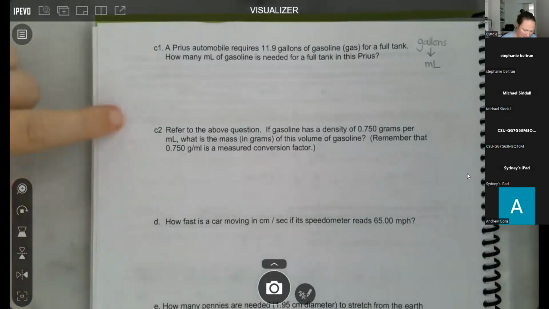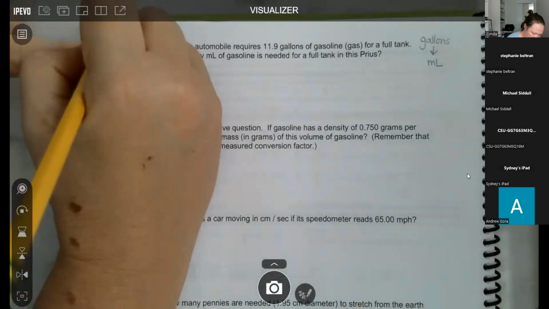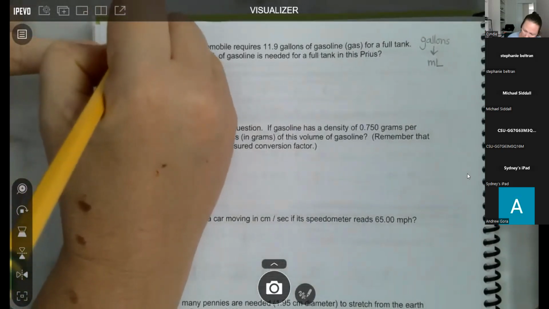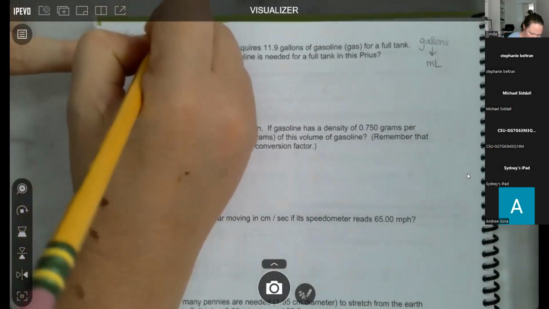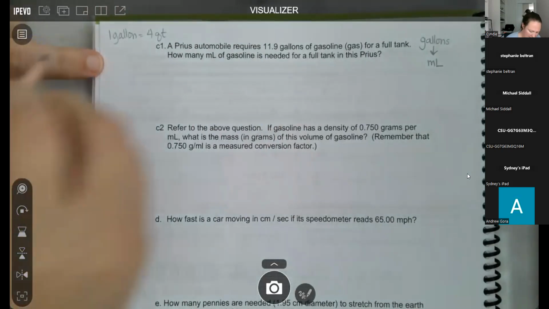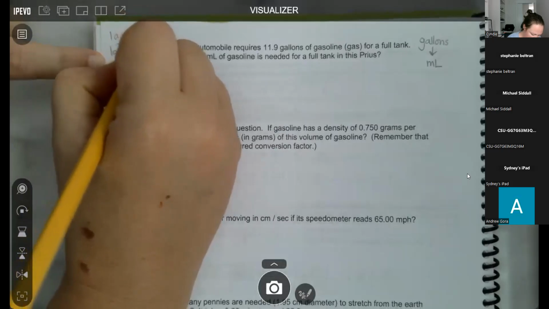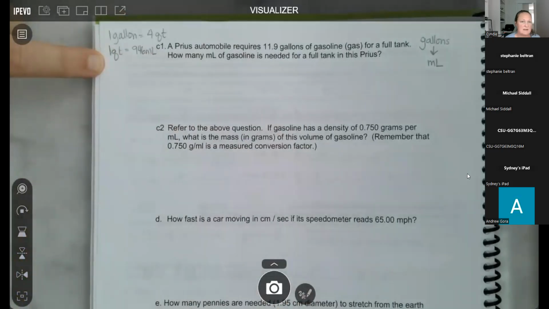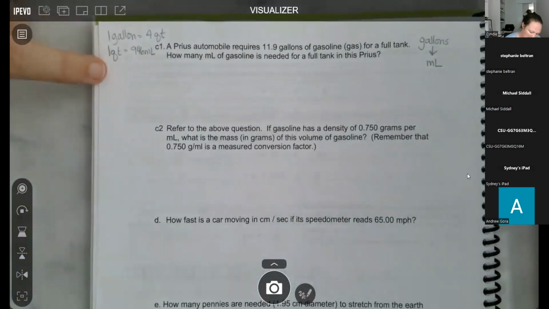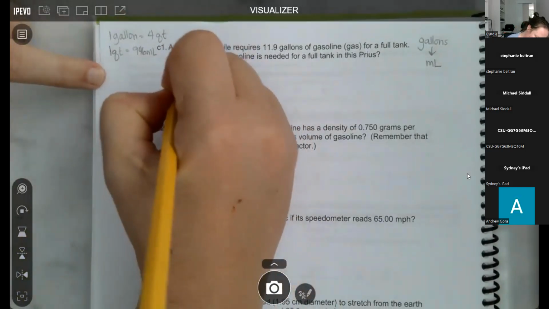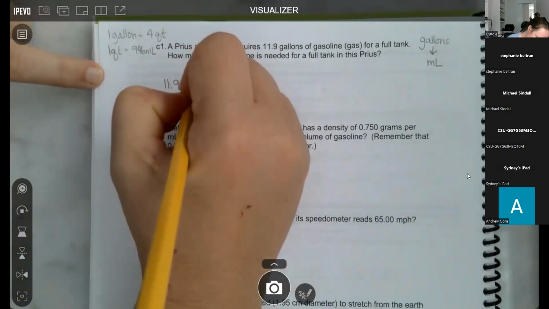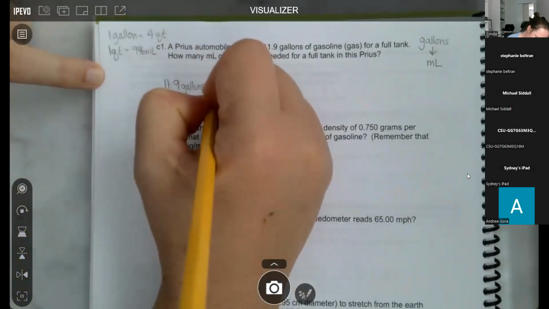Okay, so I looked it up, and 1 gallon is equal to 4 quarts. And from the appendix, I know a quart is equal to 946 milliliters. So those are the ones that I'm going to use. I'm going to go from gallons to quarts, and then from quarts to milliliters. So we're going to start off with our 11.9 gallons, and then convert to quarts.